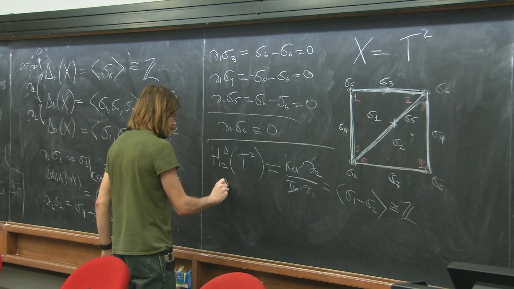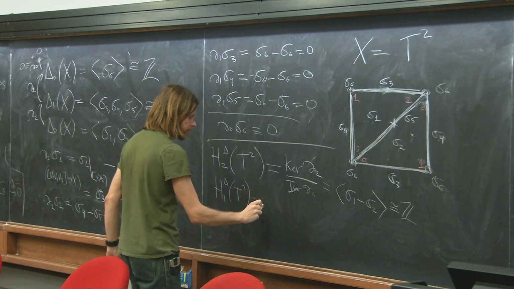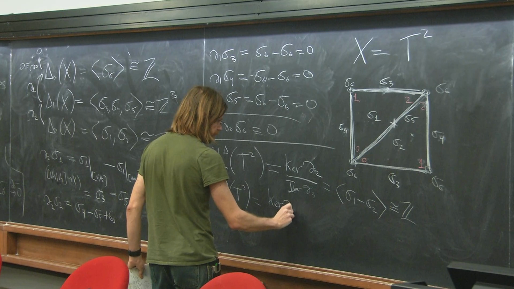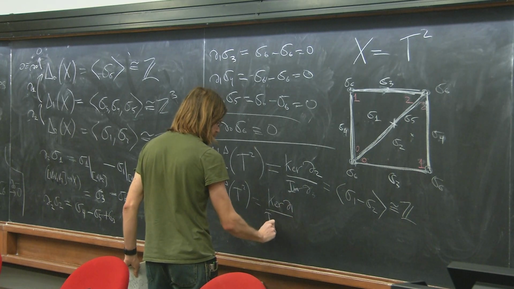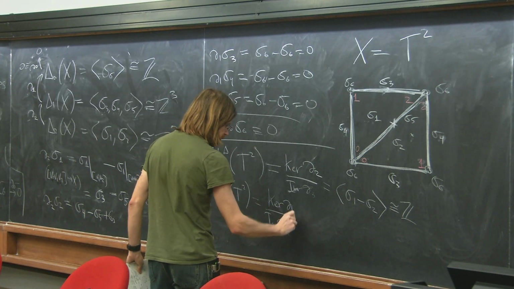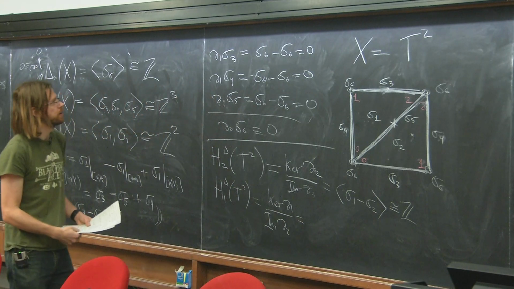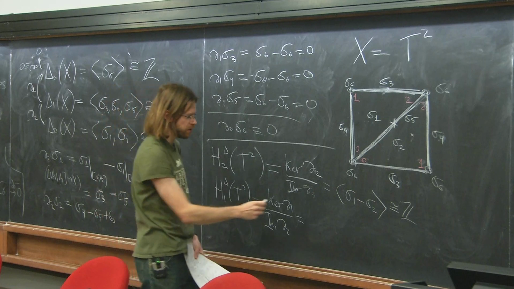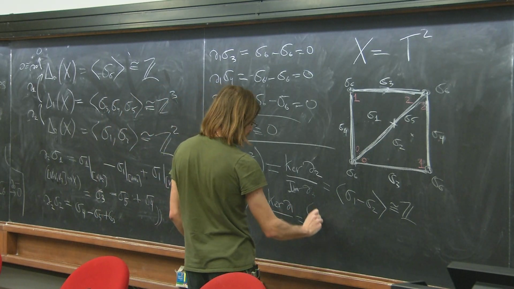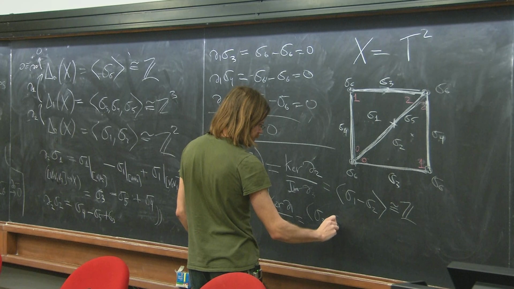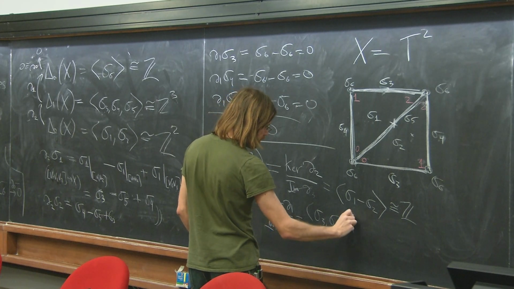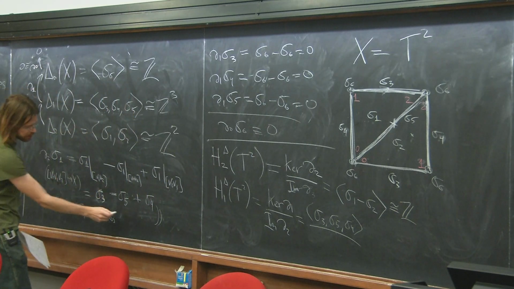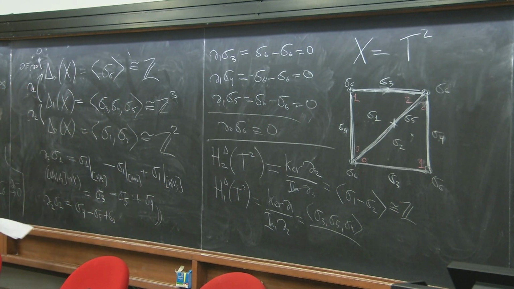Now H1. So this will be the kernel of D1 divided by the image of D2. So what is the kernel of D1? Well, all of them are in the kernel. So the kernel is generated by all three of them: sigma 3, sigma 5, sigma 4. So what about the image? In the image, we have this particular combination, right?